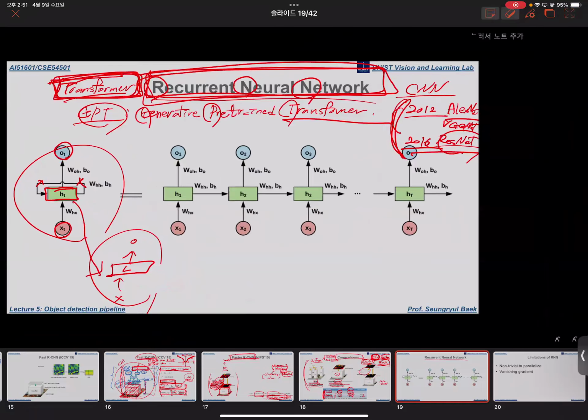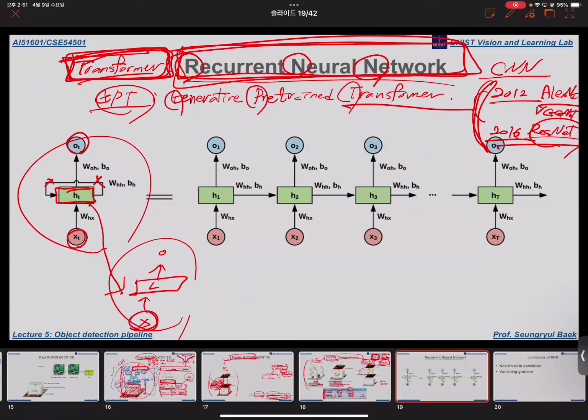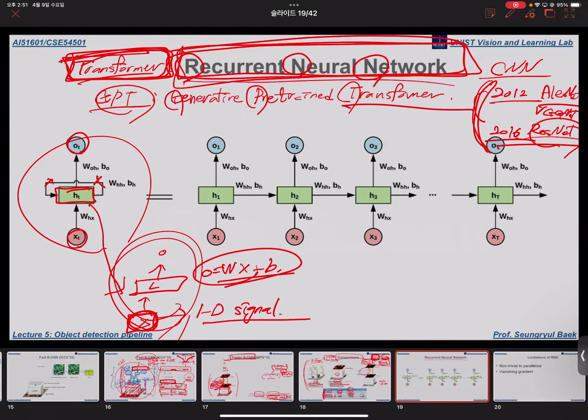But MLP can only deal with a one-dimensional signal, okay? So MLP can deal with a one-dimensional signal, a one-dimensional vector. They multiply some weight and add some bias to get the output. Okay, that's how MLP works.